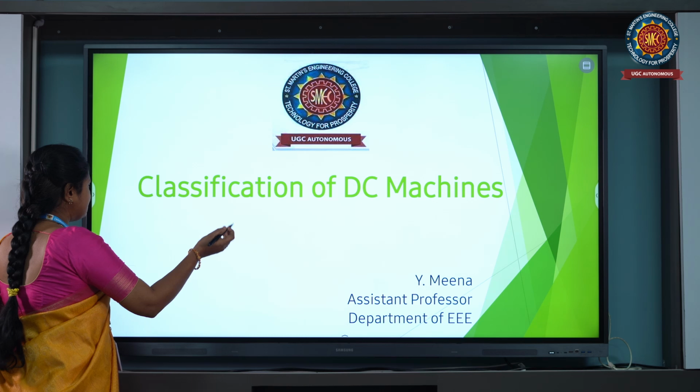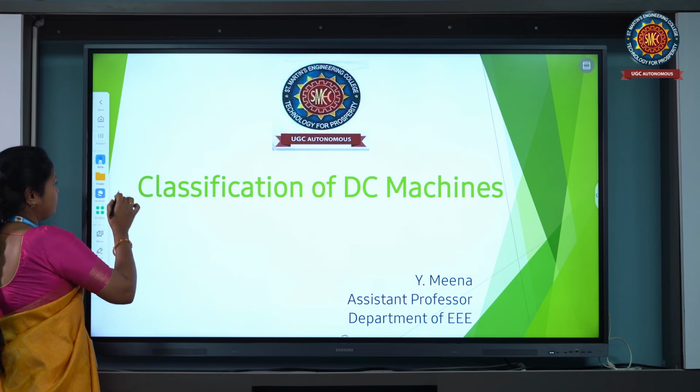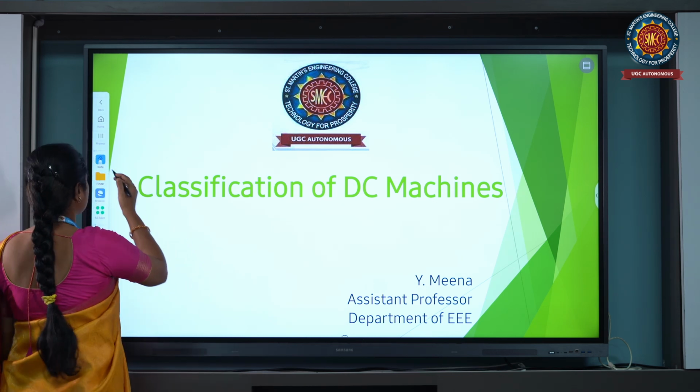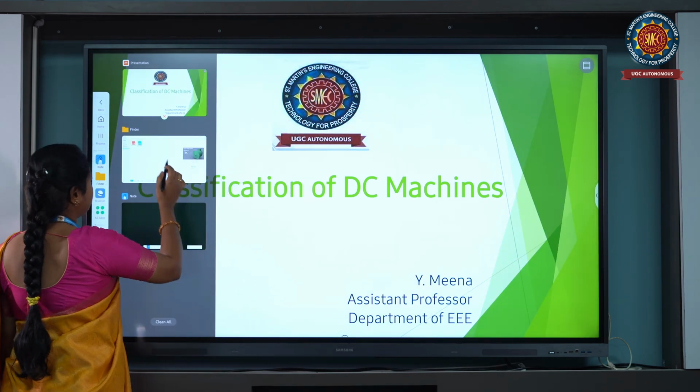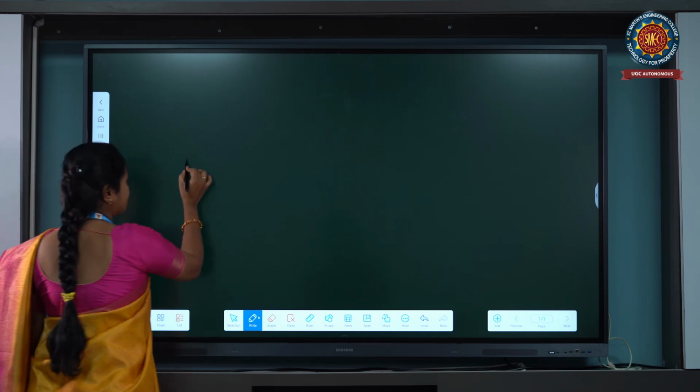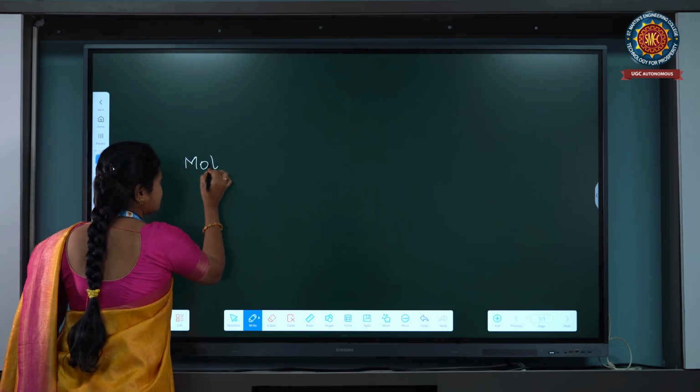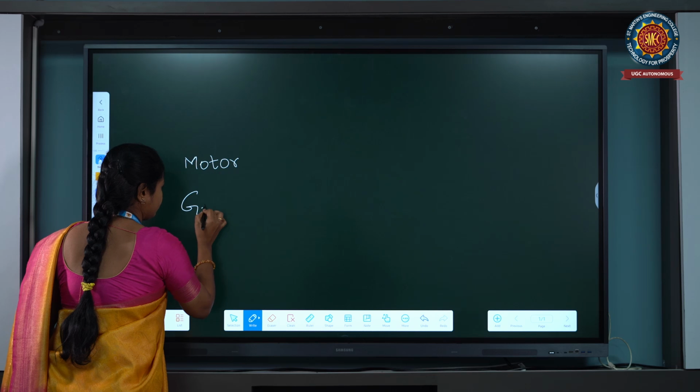So here in a DC machine, we are giving a DC supply to the machine. Machines are classified into two types: one is the motor and the second one is the generator.